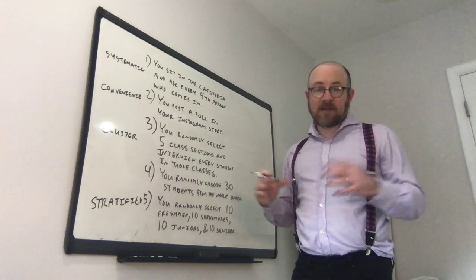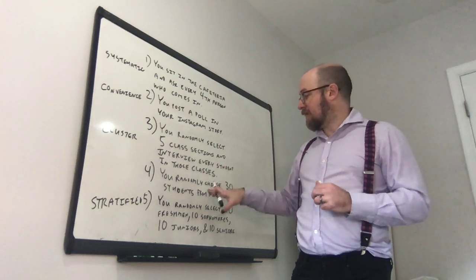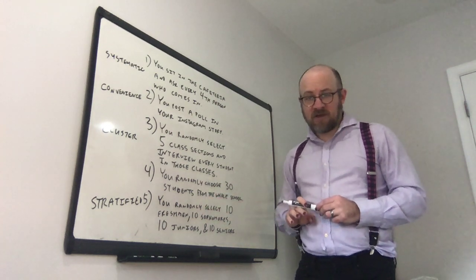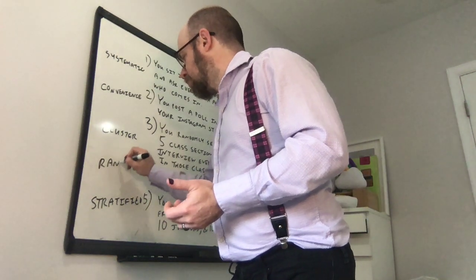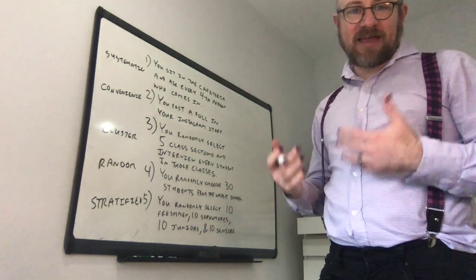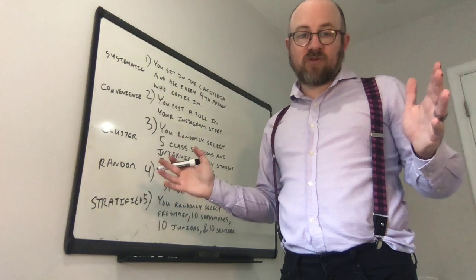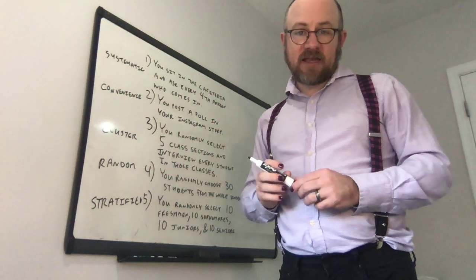Cluster, you randomly take certain entire groups. Okay? And so that leaves the 4th one. You randomly choose 30 students from the whole school. This is our random sample. Okay? We're not dividing them up in any particular way. We're not taking them in any systematic kind of way. We're just taking 30 random students.